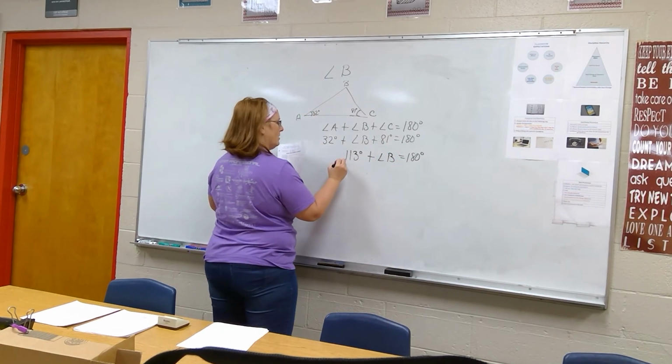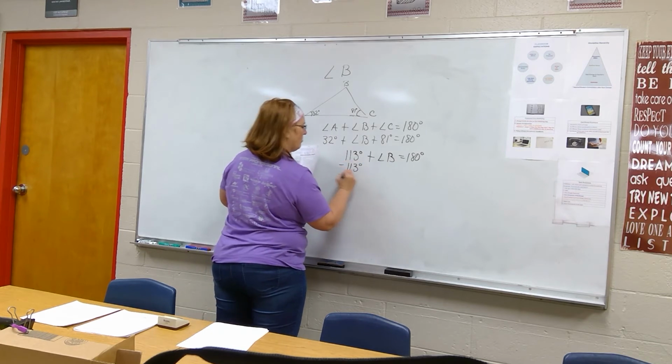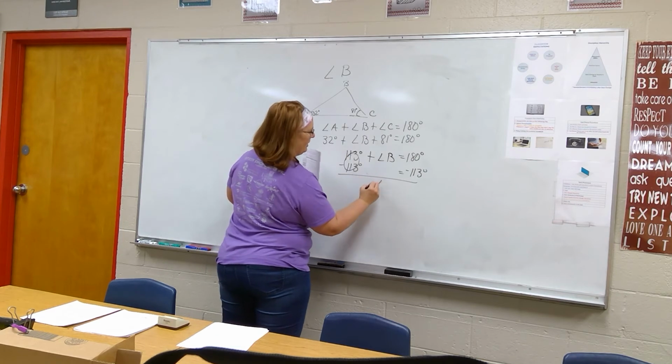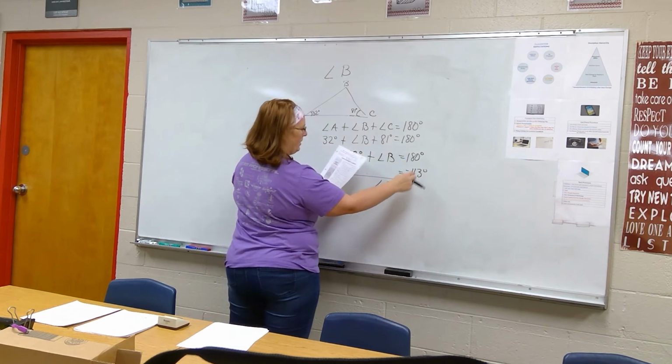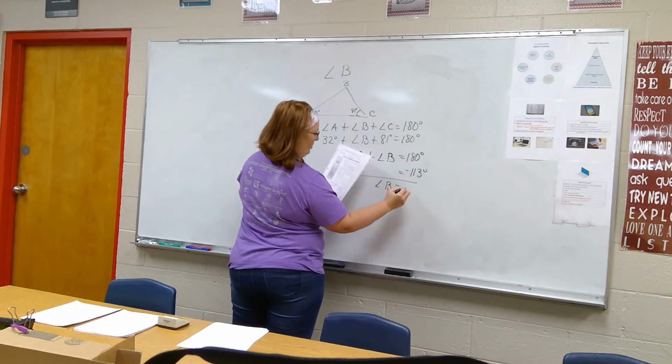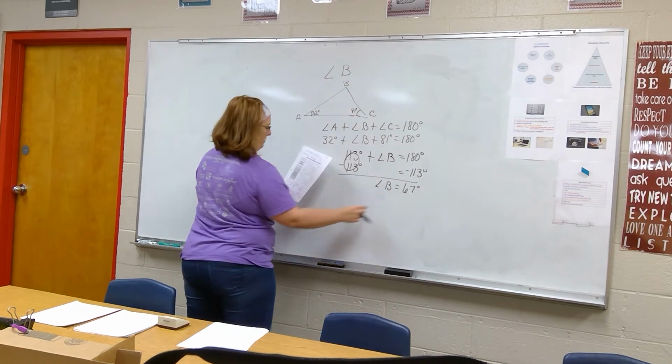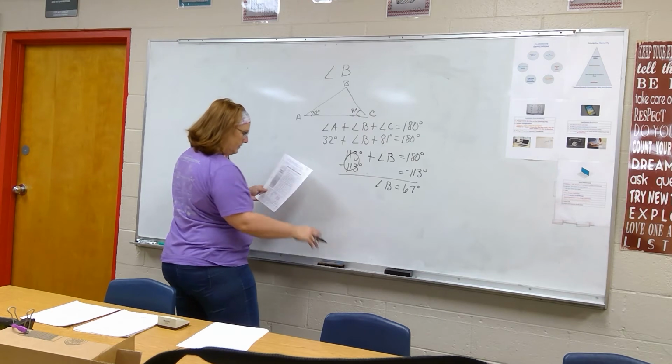Inverse operation. Subtract 113 degrees from both sides. 113 minus 113, bring down angle B, equals 180 minus 113 is 67 degrees. So I know that angle B equals 67 degrees.